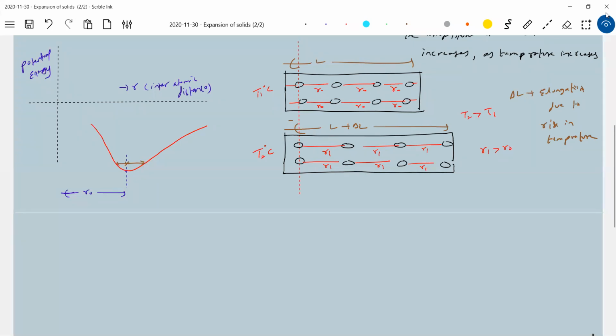I want to learn this thermal expansion. So how do we express it? For that, we'll define a quantity called the coefficient of linear expansion of solids.